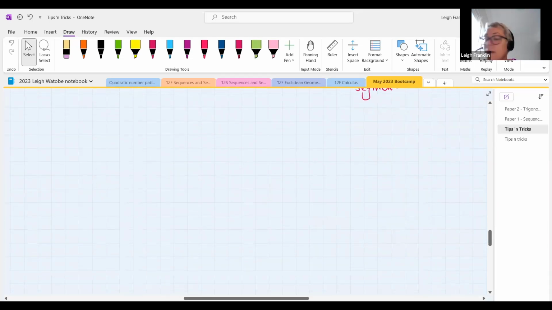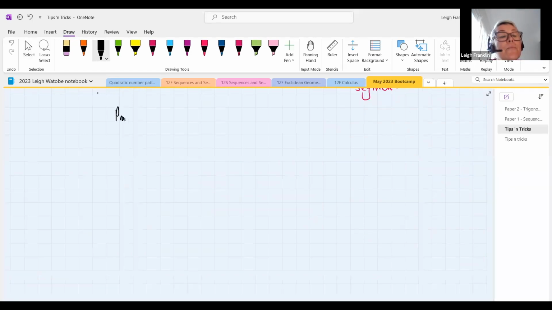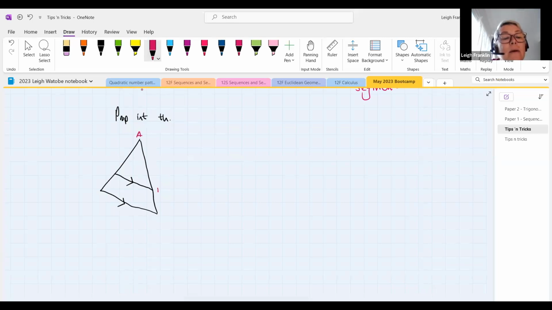So when we're talking about proportionality intercept theorem, the diagram will come with a line drawn parallel to the third side. So they will tell you that this line is parallel to the third side of the triangle. Okay, so if this is A, B, C, D, E, you are given that EB is parallel to DC.